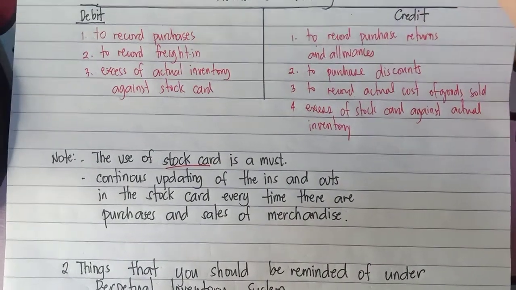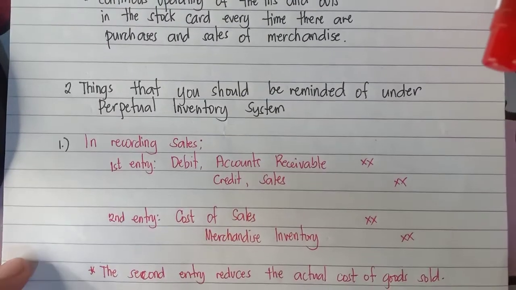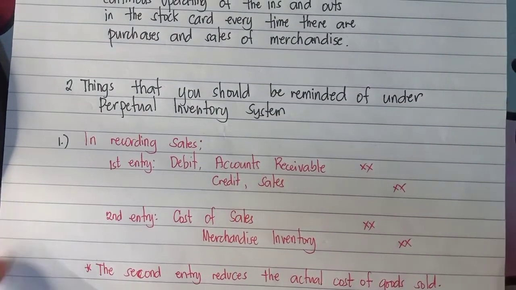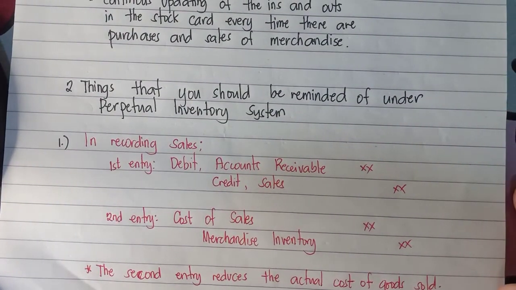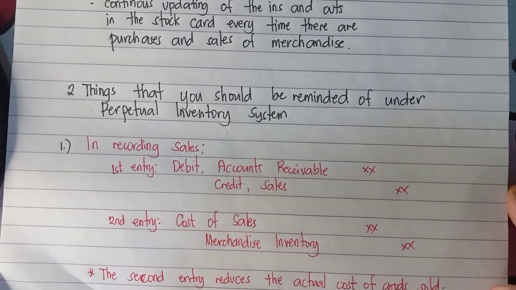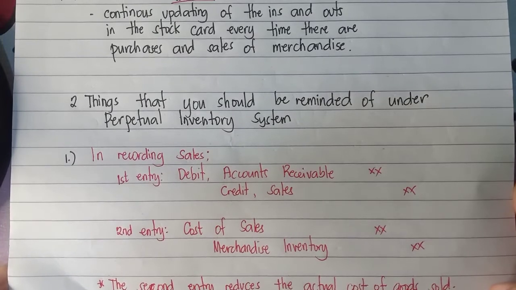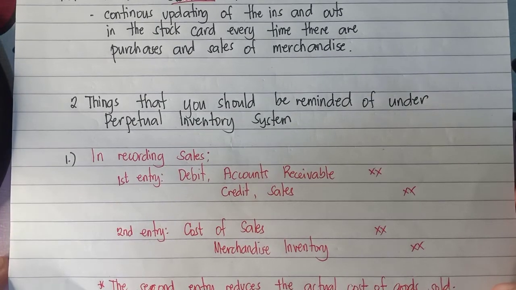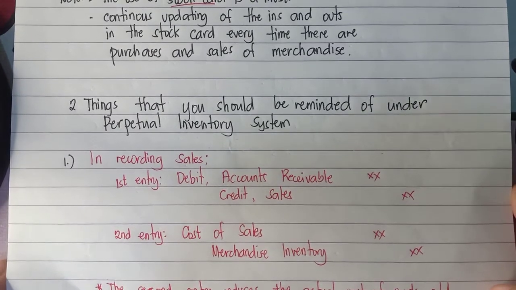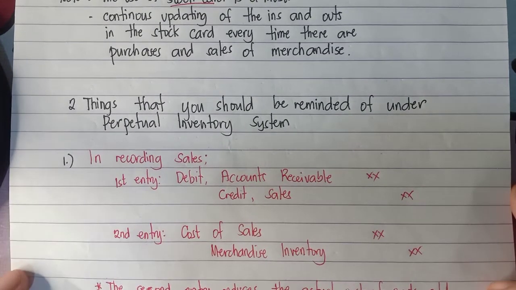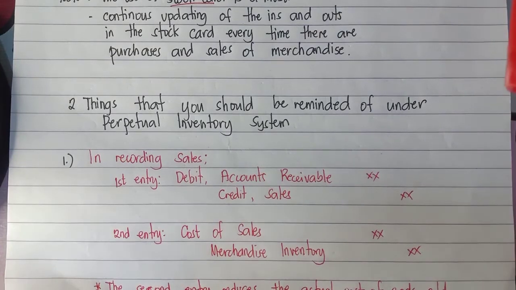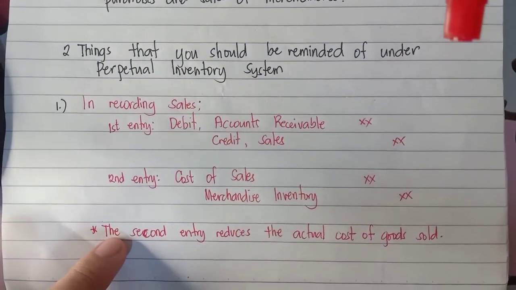Therefore, if the perpetual inventory system is used, there is no need to establish ending inventory because the stock card reflects both the cost of sales and the inventory at the end of the period, in the amount of 16,800. Moreover, there are two things that we should be reminded of under the perpetual inventory system. First is in recording sales.